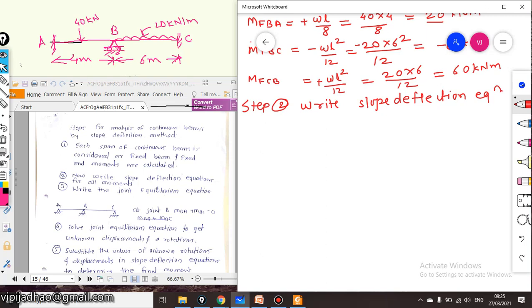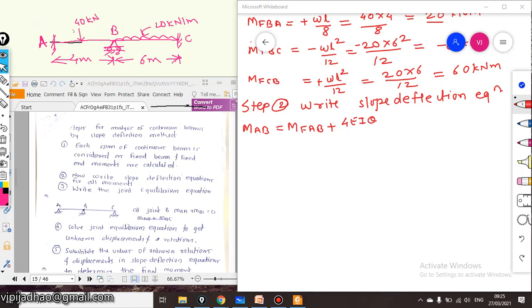So for span AB, we have to write down the first slope deflection equation, that is MAB. The slope deflection equation is MAB is equal to MFAB, that is fixed end moment AB, plus 4EI theta of near end.